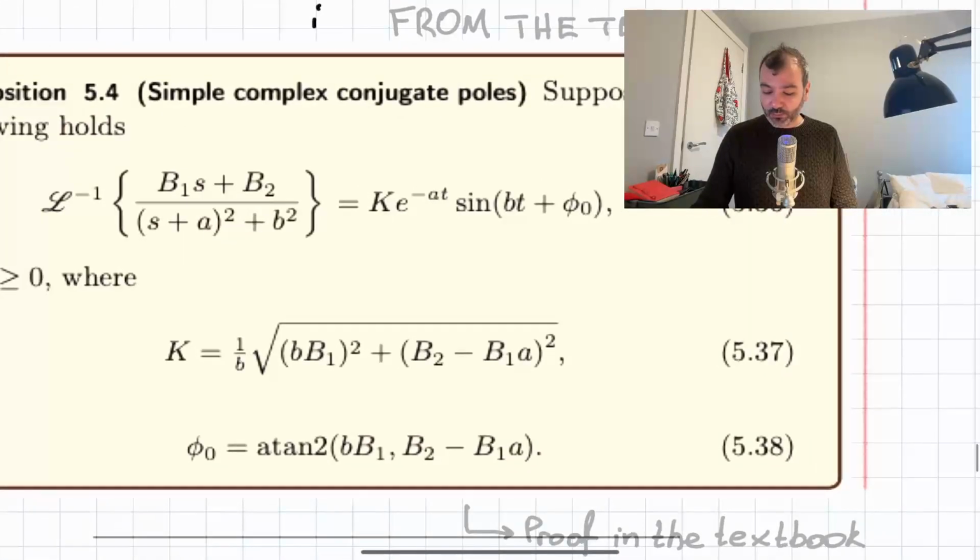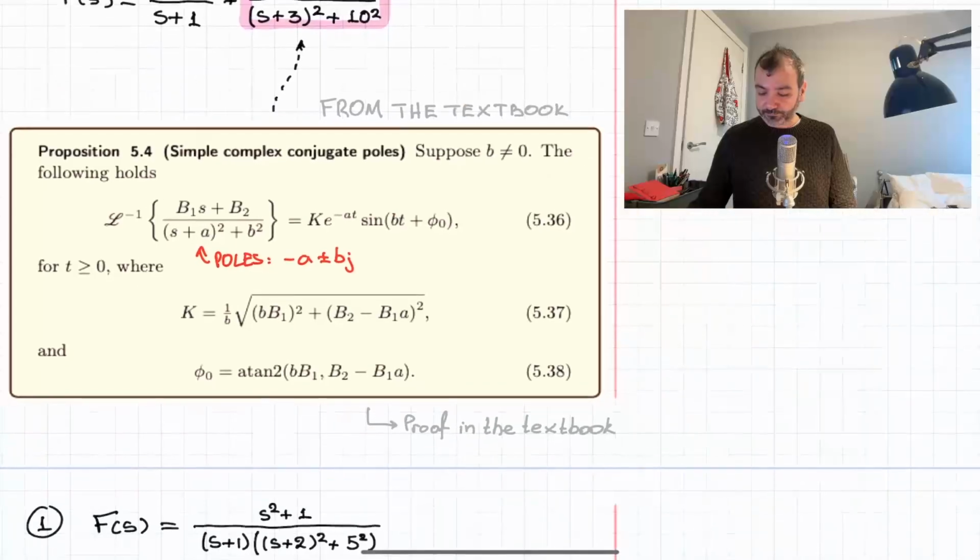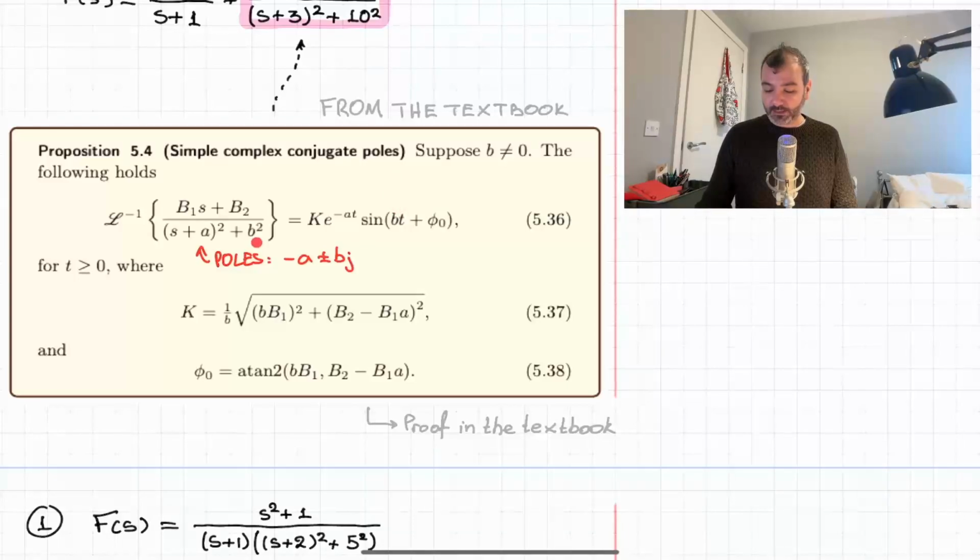Let me write a little note here that in this general case, the poles of this term are minus a plus minus b j. And we see that the result is some number k times e to the minus at, a being this number here, times a sine of bt, so the frequency here is b, this number, plus phi naught.